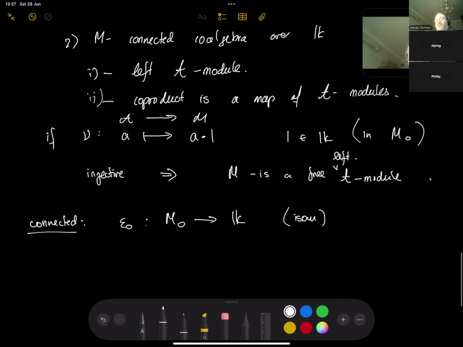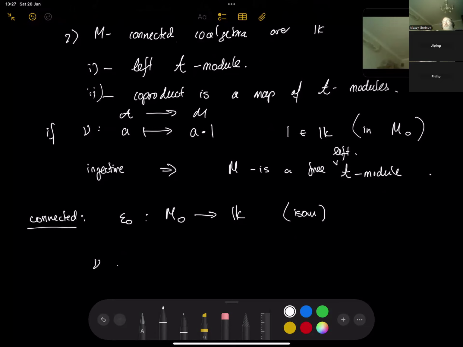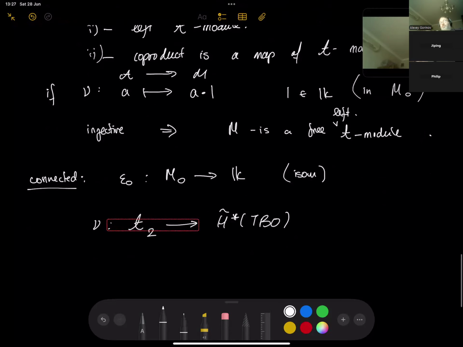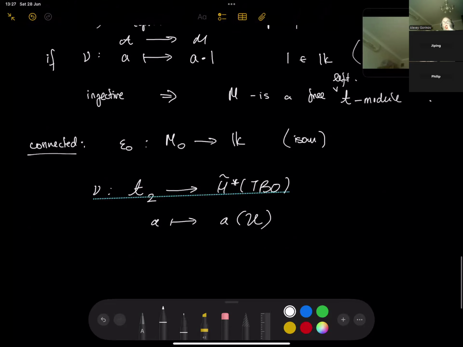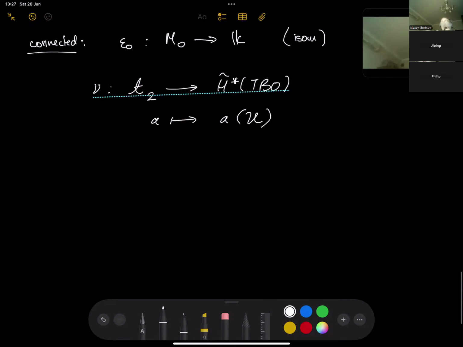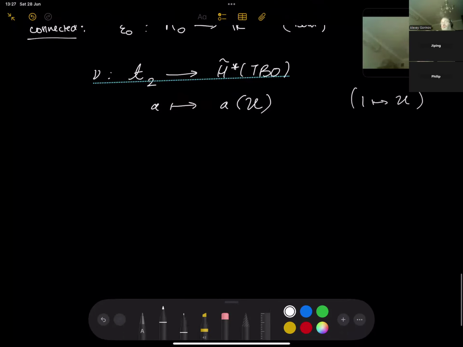So for our case, this map v will look like a map from A2 to the cohomology of TBO, and this is given by evaluating on the Thom class. To understand why 1 goes to U, let's draw this commutative square.